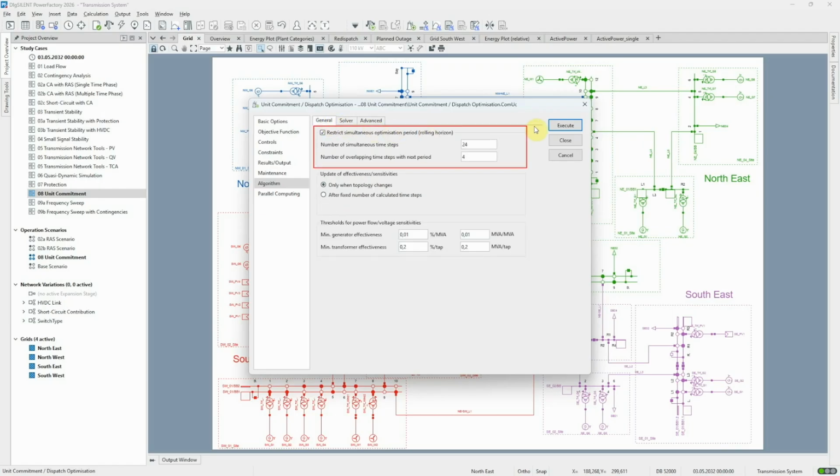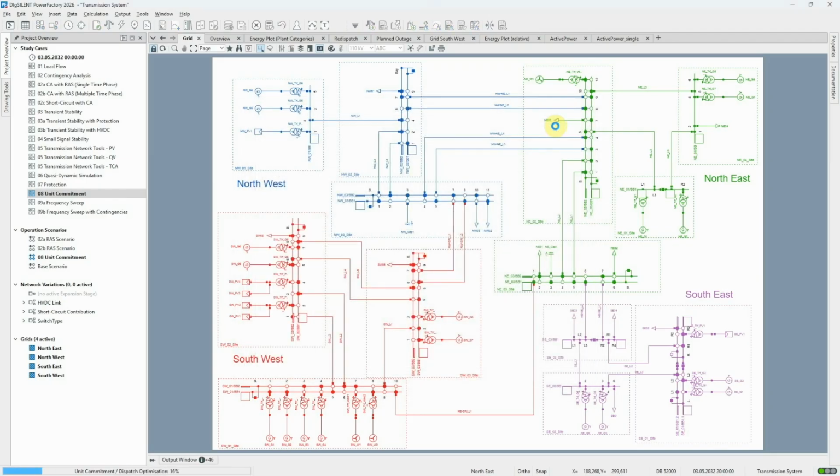The rolling horizon functionality is enabled. This will split up the minimization problem into several smaller subproblems and will therefore result in a faster and more stable simulation behavior of the solver. We will now start the simulation.